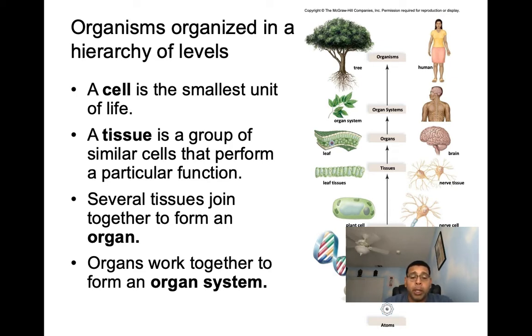And some organisms, I want you to know, are single-celled. Now, in multicellular organisms, a cell is the smallest structural and functional unit. It's basically, as we said, the smallest unit of life.